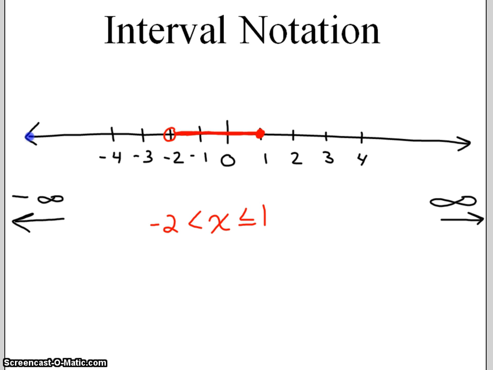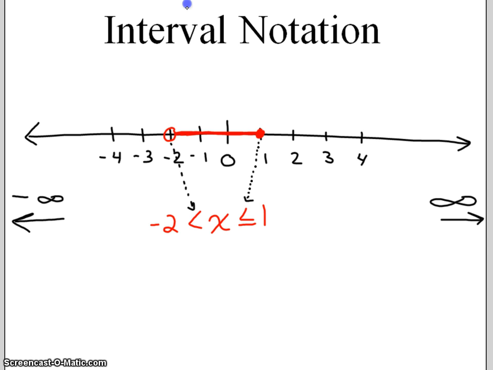Now, you're probably used to the closed circle going with a less than or equal or a greater than or equal, and an open circle going with a less than or a greater than.